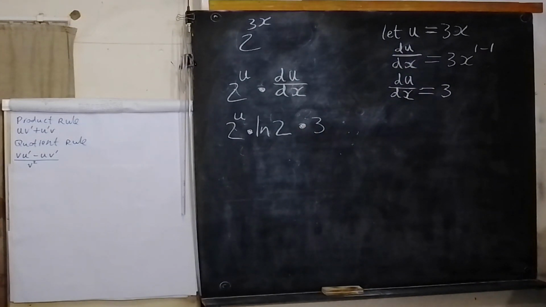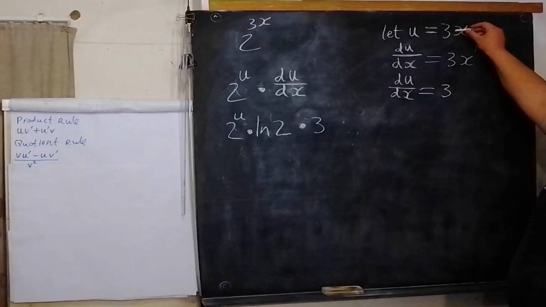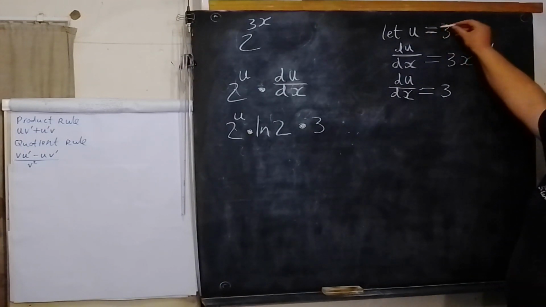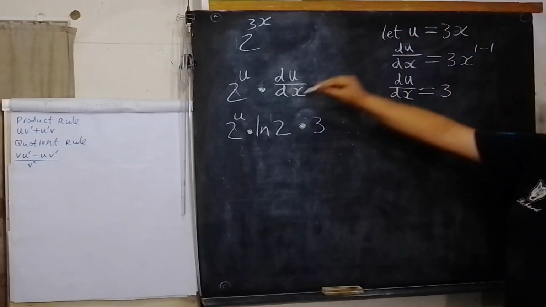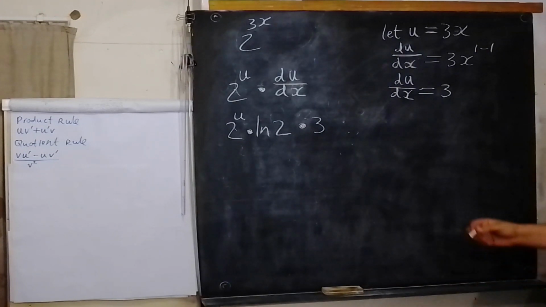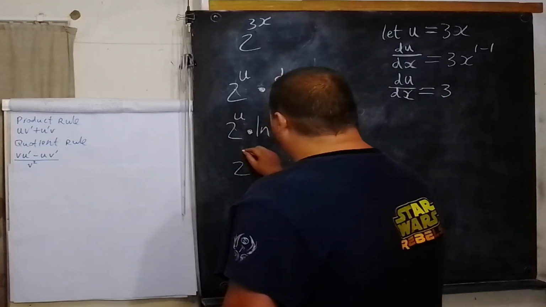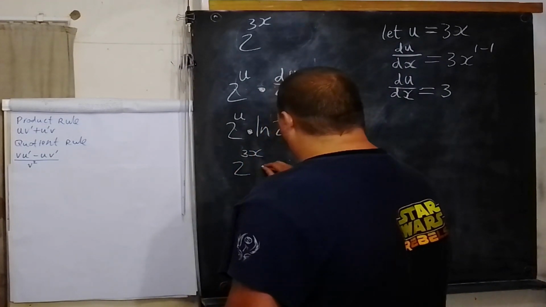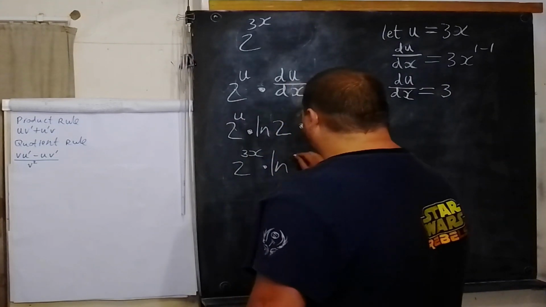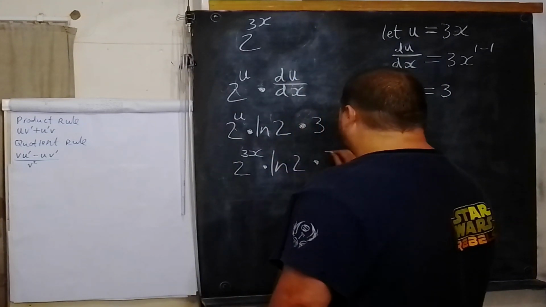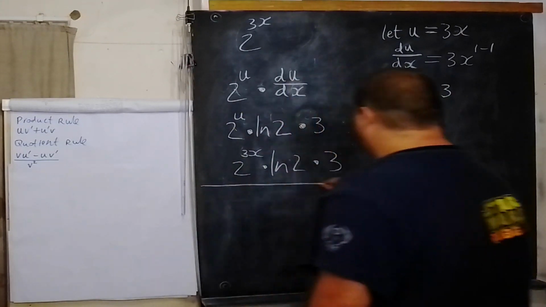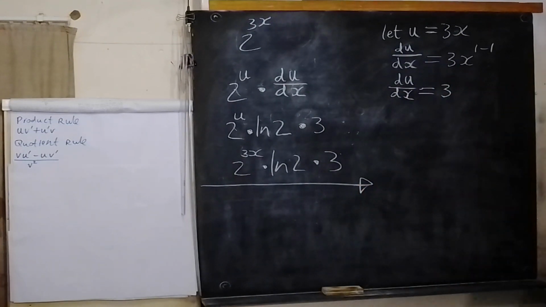Now what we do is take our u and put it back into the sum. So we replace u with 3x. So we get 2 to the 3x times ln 2 times 3. And that is our sum.